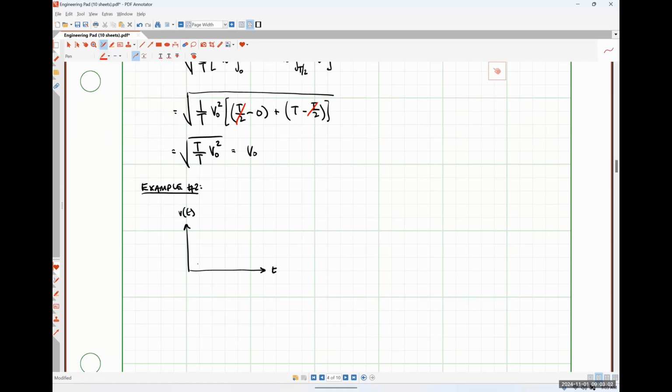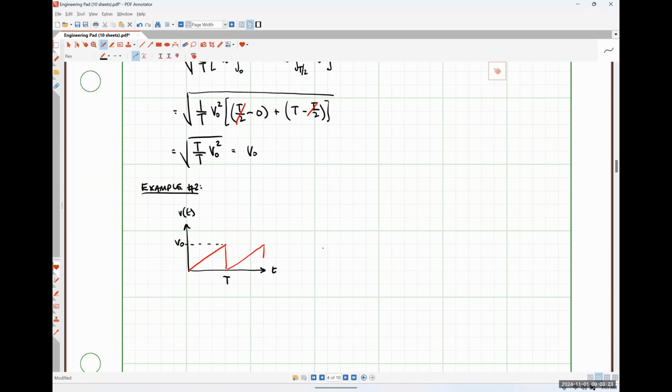And our signal is simply a series of triangular pulses like so, repeating forever. Let's call this value capital T and the peak value of our triangular pulse V naught.